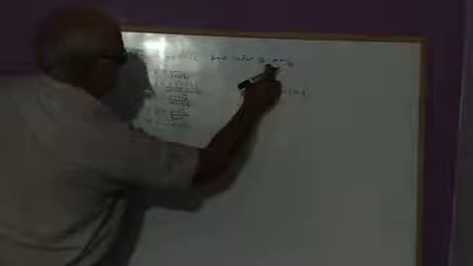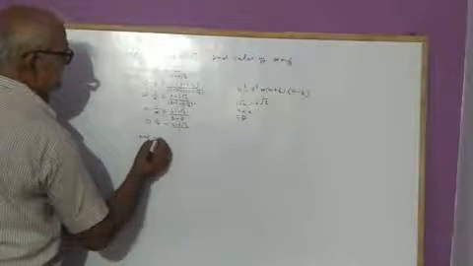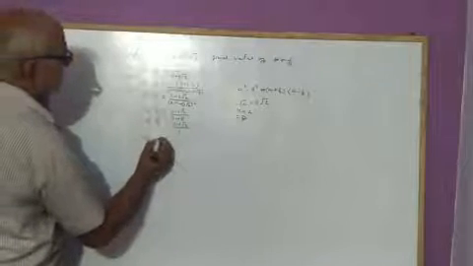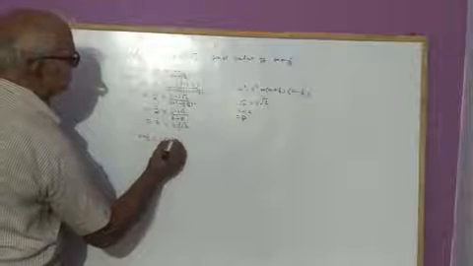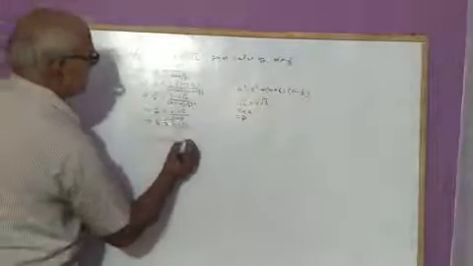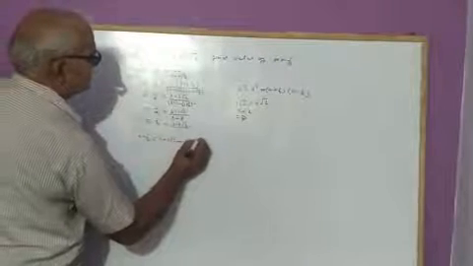Now 1 by x is equal to 3 minus 2 root 2 upon 1. Then you find the value of x plus 1 by x. Therefore x plus 1 by x is equal to the value of x, 3 plus 2 root 2, plus the value of 1 by x, 3 minus 2 root 2.